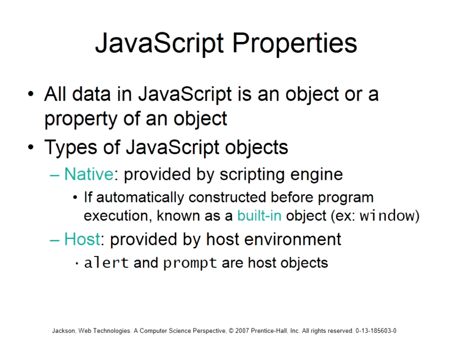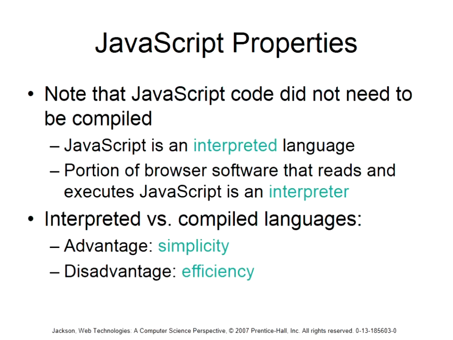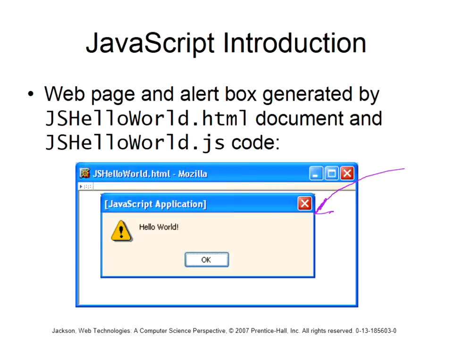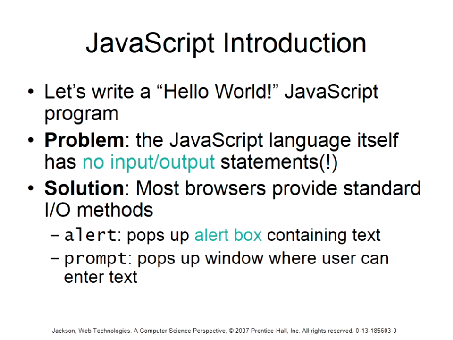Okay, so here, for example, in the previous examples, we say that JavaScript has no input-output, okay?